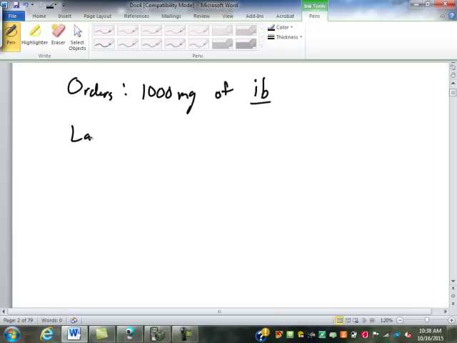And on the label of the bottle, it's 400 milligram tablets. We'll assume they're scored so that you can cut them in half. So we're going to round once again to the nearest half tablet.